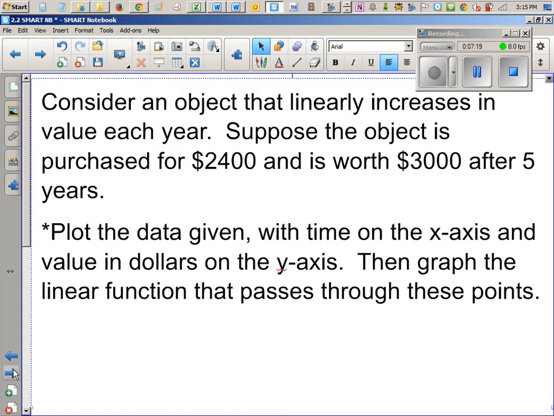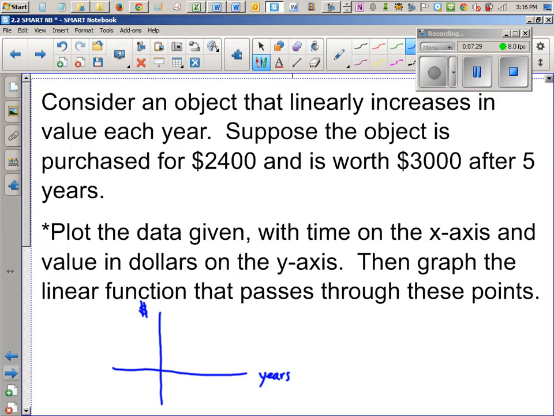Okay, so it doesn't have to be a beautiful graph, okay? What we're saying here is just simply that we have an x-axis that's years and a y-axis that's in dollars. And we already know that when we first bought this, that would be at 0 years, so t equals 0. The object was $2,400. So we can assume that 0 is our number of years and $2,400 is our value. And that is the point 0, 2,400.